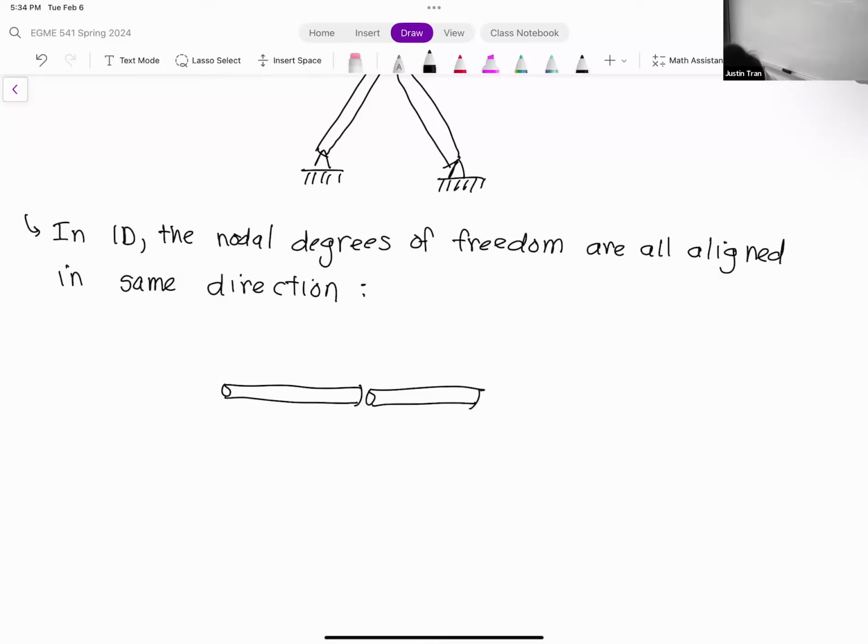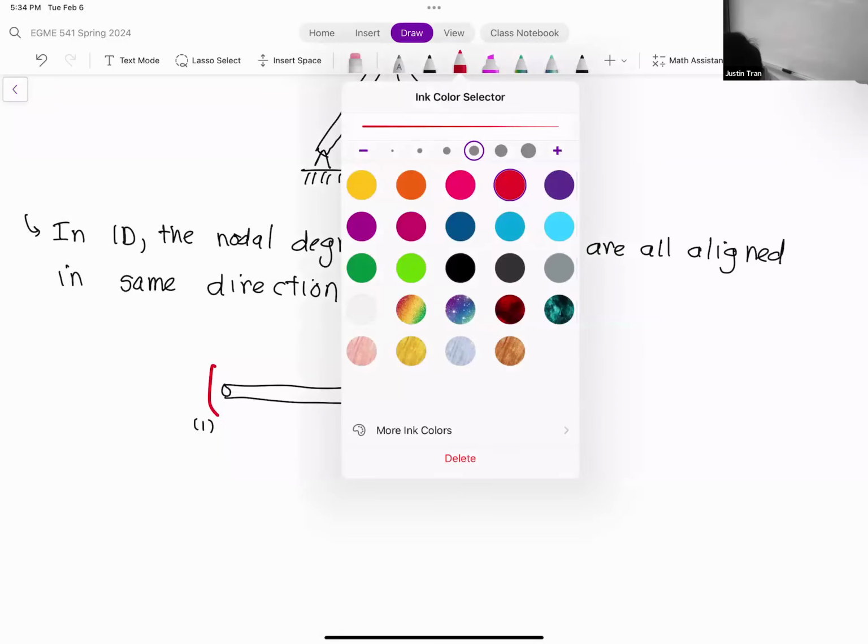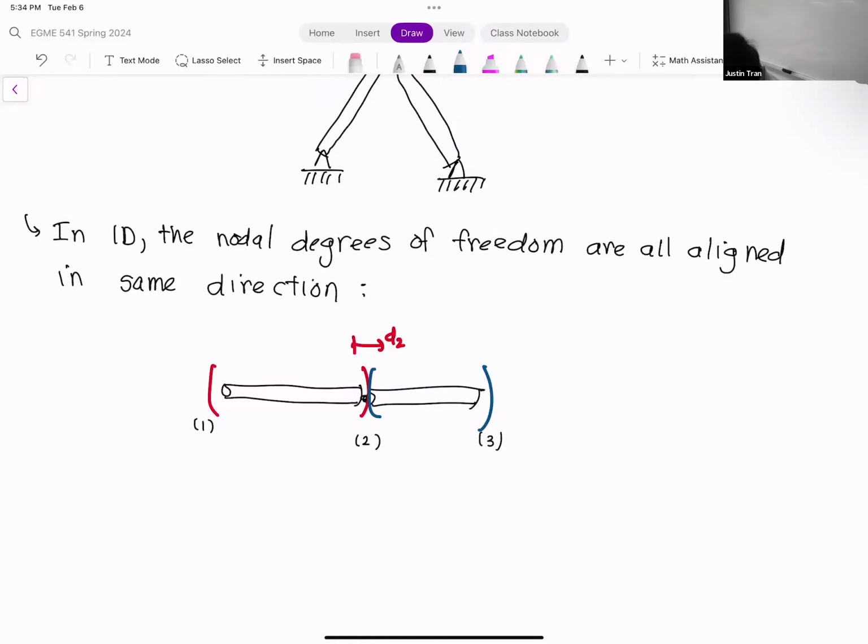Normally we label this node 1, node 2, 3. I'm just going to focus on the point where they touch, at node 2. If we're looking at the element on the left, we have D2 that's being defined, going from left to right, whereas if we draw the same thing for the second element, the second element is also connected to node 2.